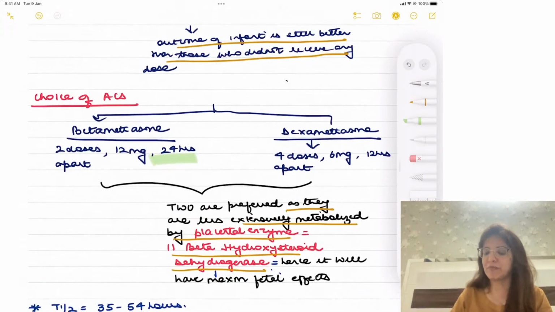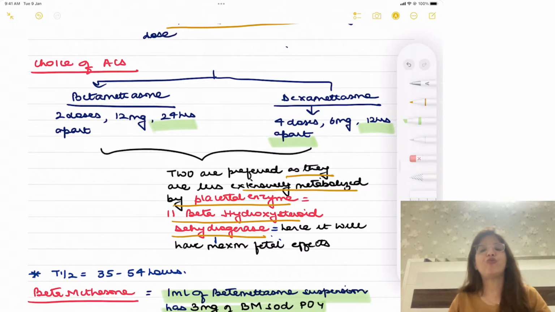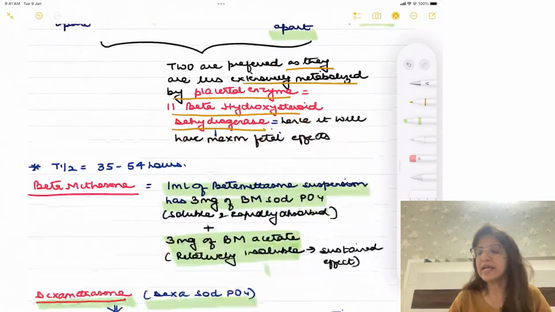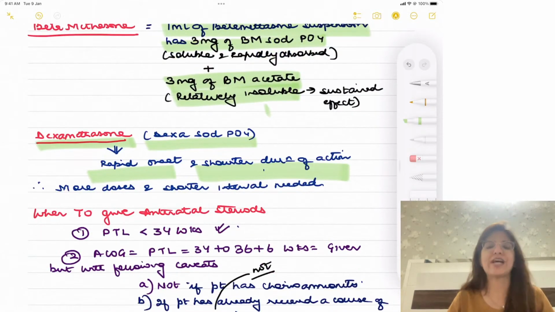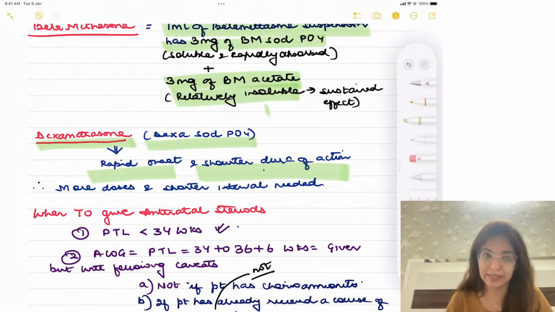That is why you have to repeat dexamethasone 12 hourly and you have to give 4 doses. Right? 6 mg, 4 doses, 12 hourly, because dexamethasone sodium phosphate has rapid action and a shorter duration of action. So more doses and shorter intervals are needed.